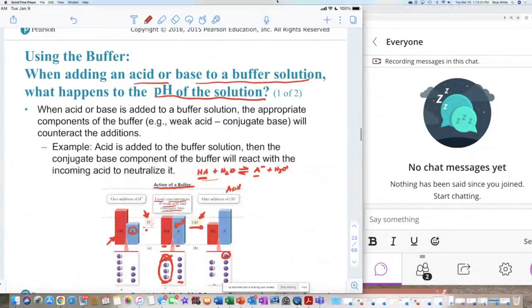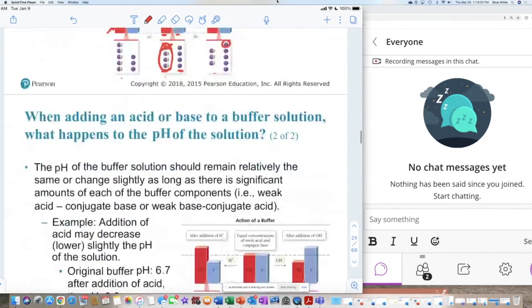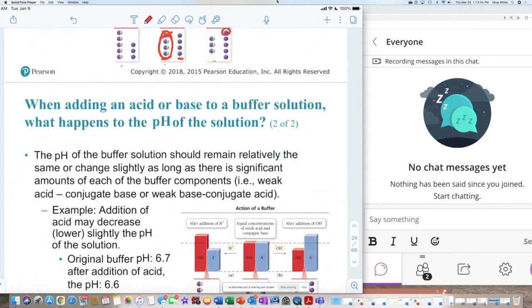If the acid is added, once again, remember the conjugate base has to react with the acid. If the base is added, the weak acid has to react with the base that's added. So for right now, let me leave it like this. I usually go overboard in the beginning. I want to wait until we get to that part before I go into all those details.